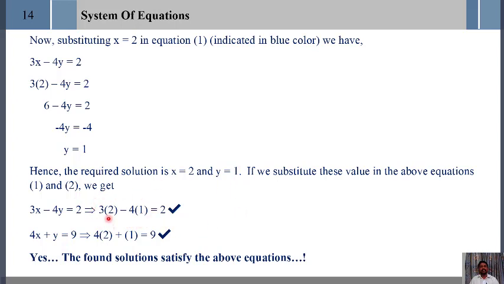Substituting in the first equation, it results in 2, and the right hand side of the given equation is 2 only. And 4x plus y equal to 9, if you substitute x equal to 2 and y equal to 1 here, it will give you 9. Yes, the found solutions satisfy the equations. This method is called the addition method to solve a given system of equations.